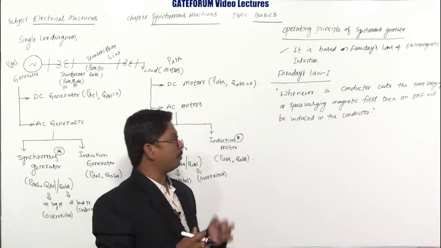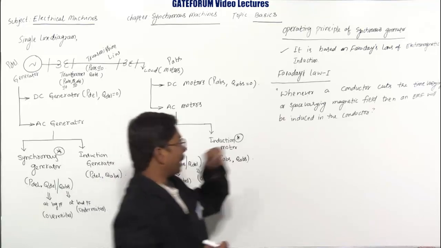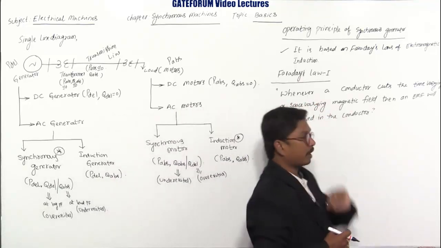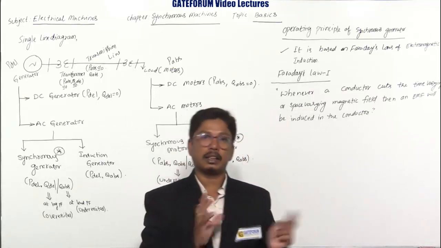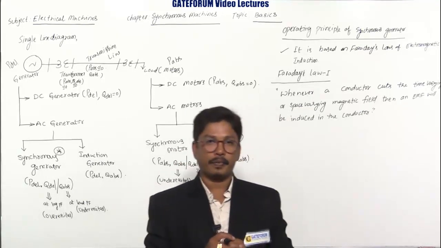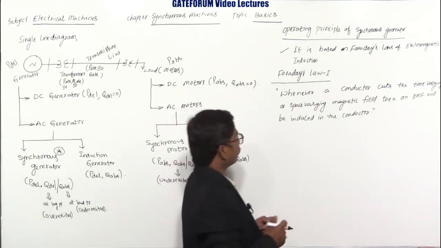To induce the EMF, not only can a stationary conductor cut the rotating magnetic field, we can also make a rotating conductor which can cut the stationary flux, right?